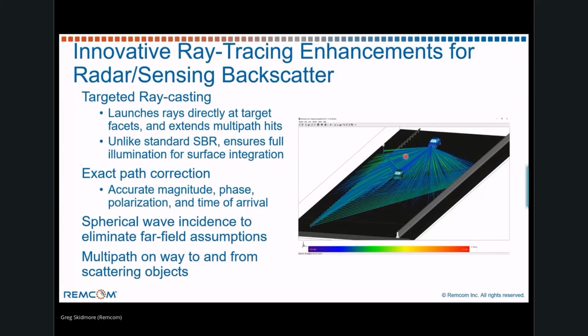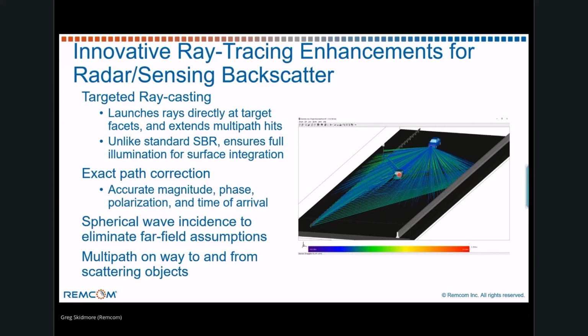So some of the things that we put into these techniques in the tool themselves are what we call targeted ray casting, where we can direct our rays to make sure that we fully illuminate a target, whether it's a car or a person. We're sending out rays so that we capture the illumination over that entire person or that entire vehicle. And this is important because one of the techniques that we're using is called physical optics.